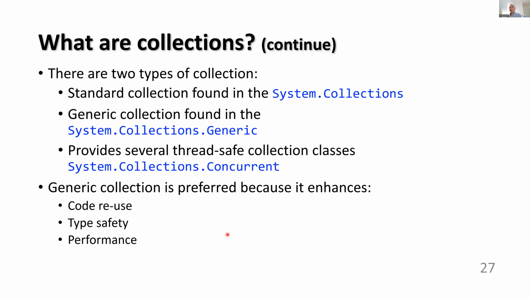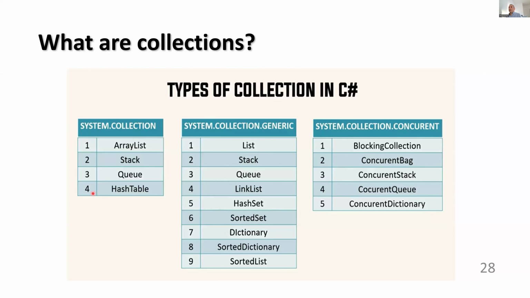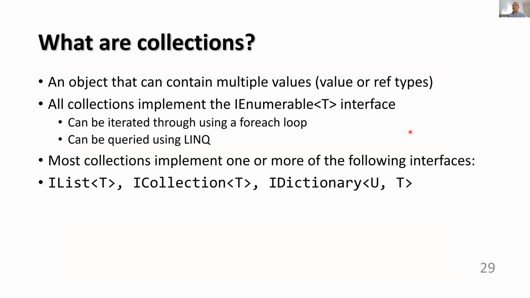And we have two major general collections, non-generics and generics, which we show in the collections. But we have concurrent collections as well, which we're not going to talk about in this session due to the time.